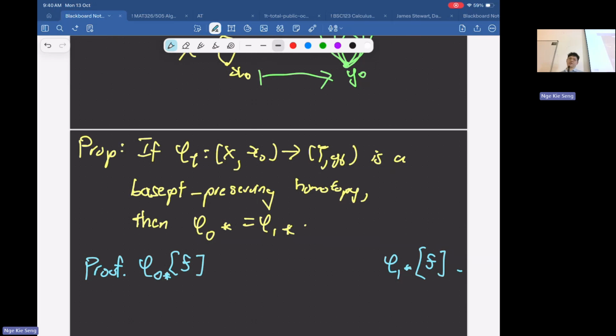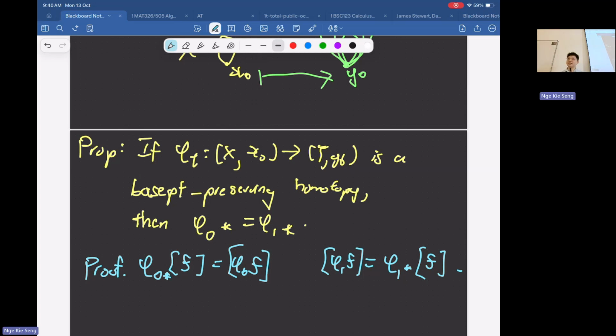But how do you act on loops? You just take the loop and then you map it across. This is exactly what the induced map is doing. Still remember, I to X, X to Y. You do I to X and then you do X to Y. Same on the other side. But are these two the same or not? This is the starting point, this is the ending point.